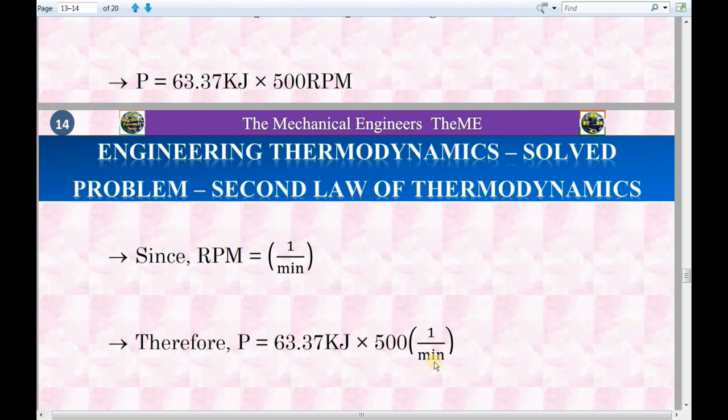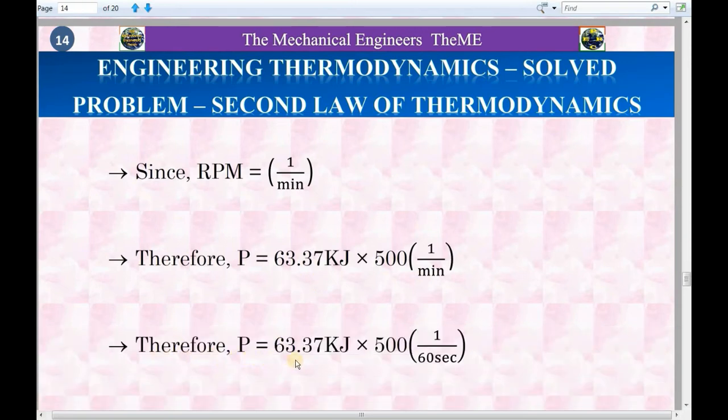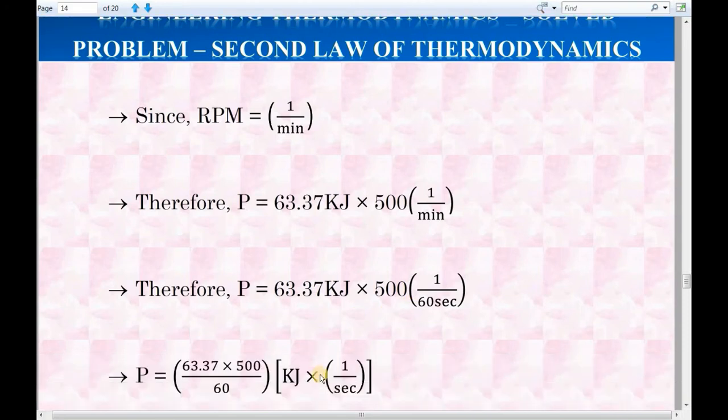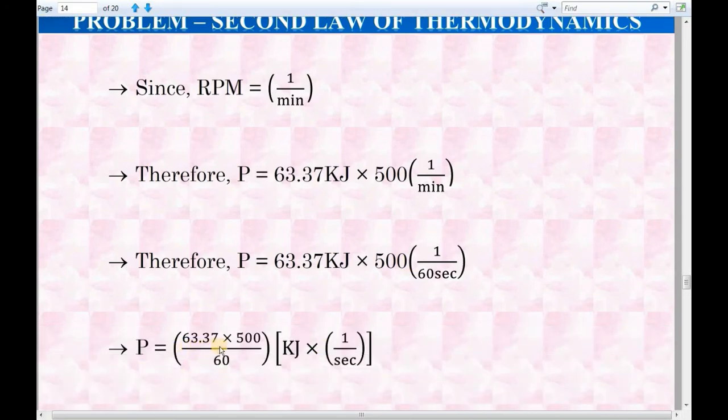In this RHS, 1 minute is 60 seconds. So the next step will be P is equal to 63.37 kilojoule into 500 into 1 divided by 60 seconds. In this RHS, split the numerical terms and SI units. We get P is equal to 63.37 into 500 divided by 60 into kilojoule into 1 divided by second. So in this RHS, 63.37 into 500 divided by 60 is 528.08, and kilojoule into 1 divided by second is kilojoule per second.